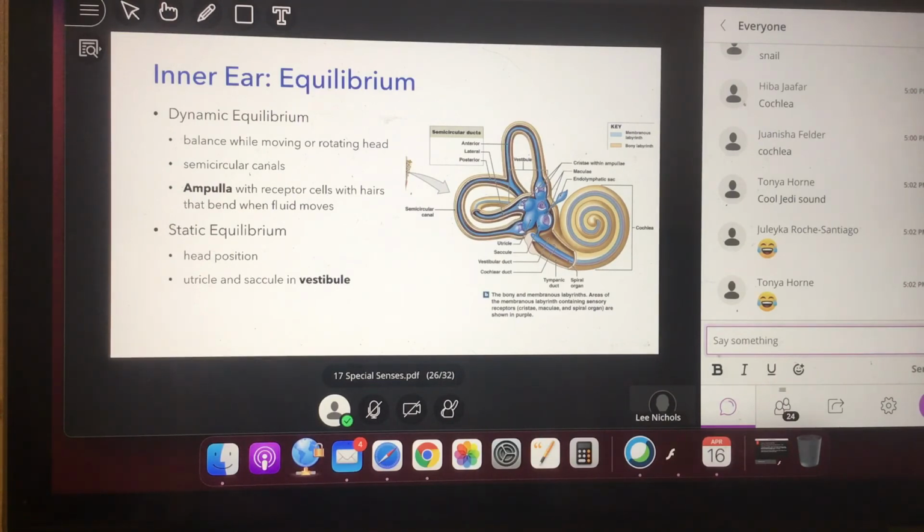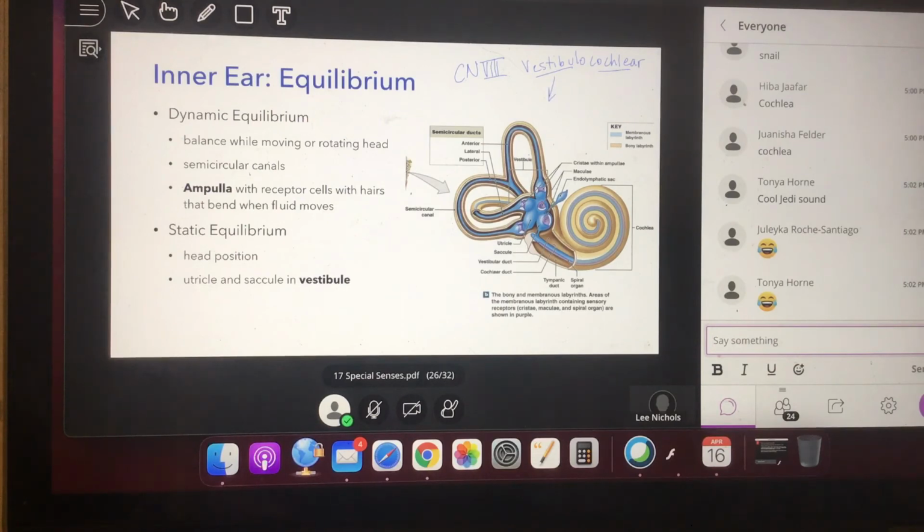The reason I want you to be familiar with the word vestibule is the cranial nerve that's in charge of all of this hearing and equilibrium is cranial nerve number 8, which is referred to as the one big word, vestibulocochlear nerve.